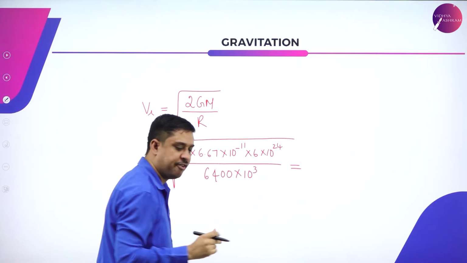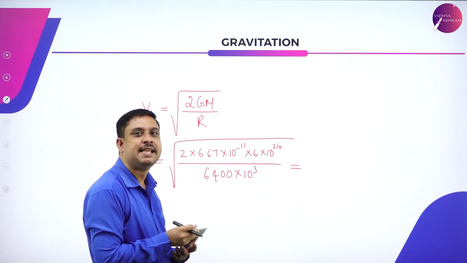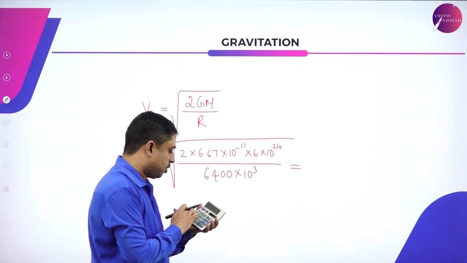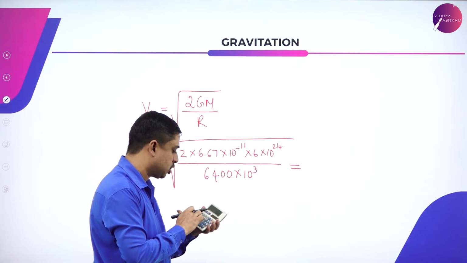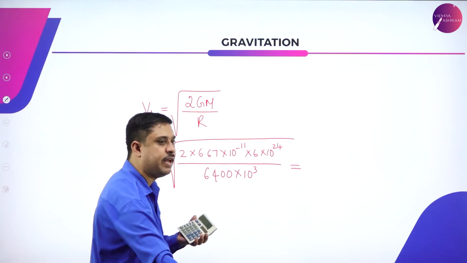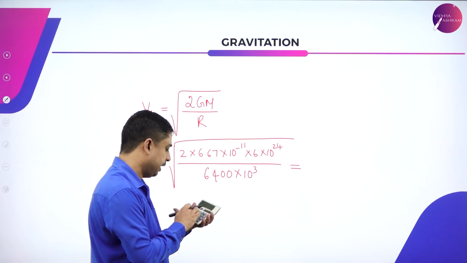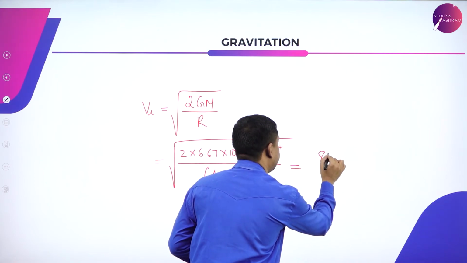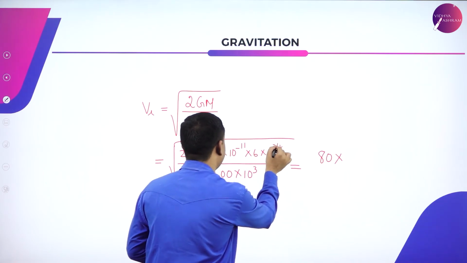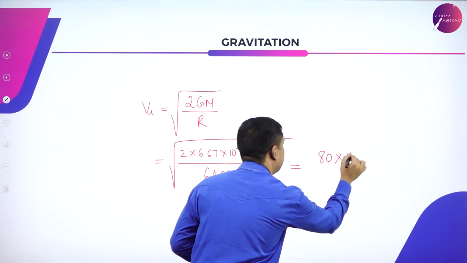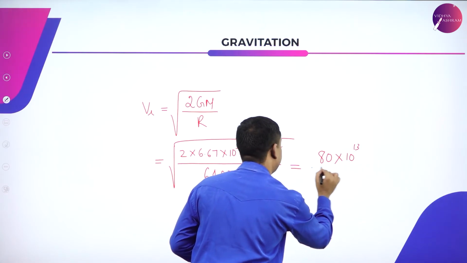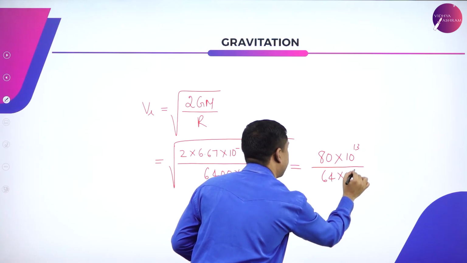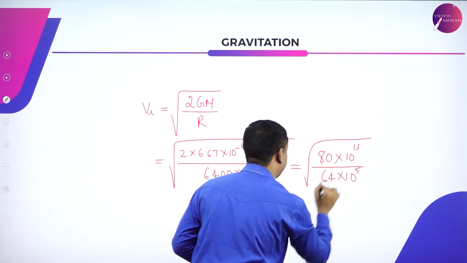So when we simplify, again we will simplify the numerator first. So it is 2 into 6.67 into 6, which gives me 80 into 10 power 24 minus 11, 10 power 13, divided by 64 into 10 power 5, root.